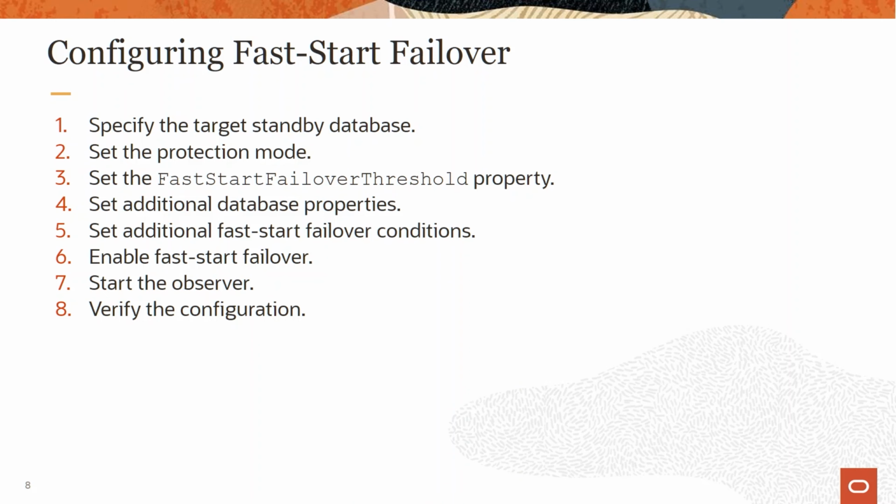Finally, you enable fast start failover, and you're going to start the observer in the designated location to monitor the status of the primary database, and to monitor connectivity between the primary database and the standby database. And then we're going to start the observer, and also we verify the configuration.